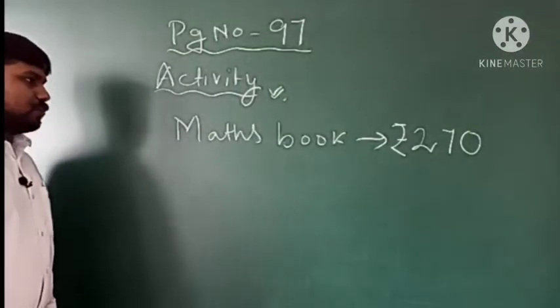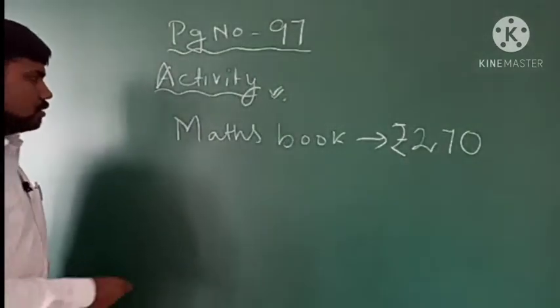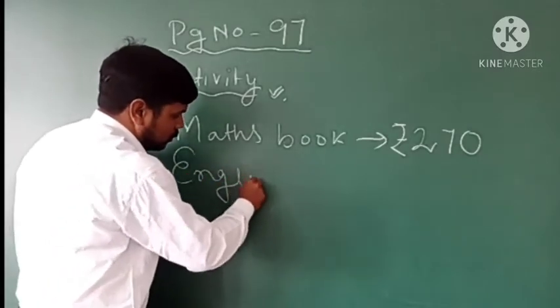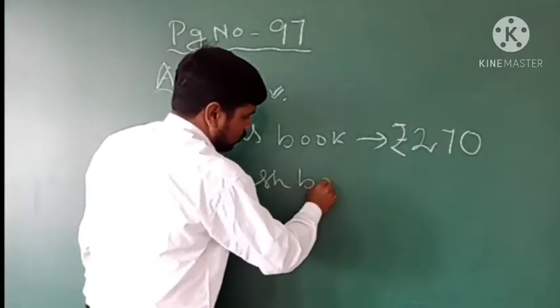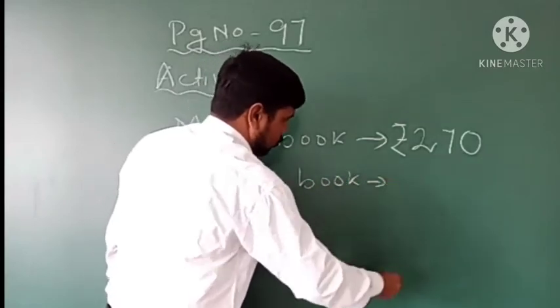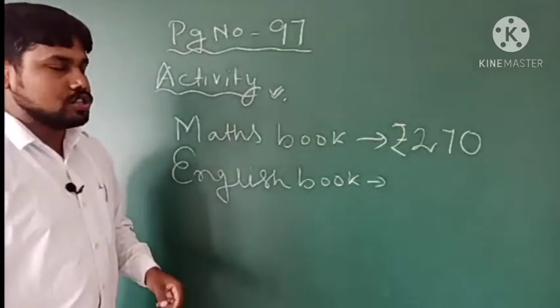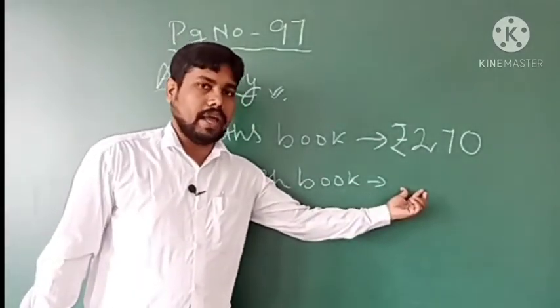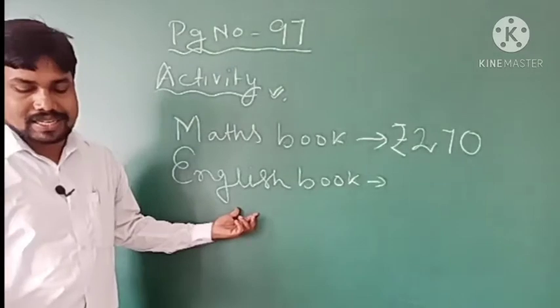In the same way, next it is asking the cost of your English book. You have to check the cost of the English book which we have and write it here. Next it is asking about the science book.